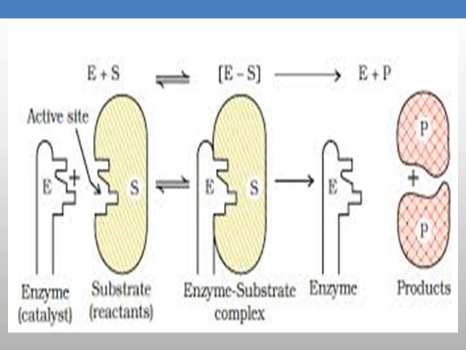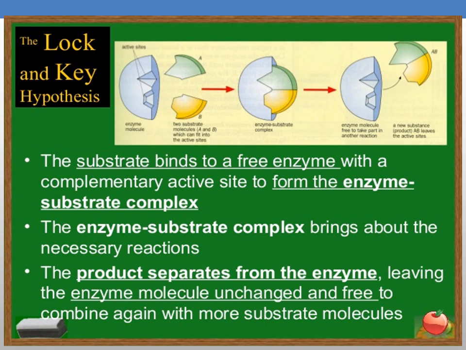So the first step is called the binding step, where the substrate binds onto the enzyme. Second step is called the catalyzed step, where the enzyme substrate complex decomposes to enzyme and products. This hypothesis, what we have studied previously, is called the lock and key hypothesis.